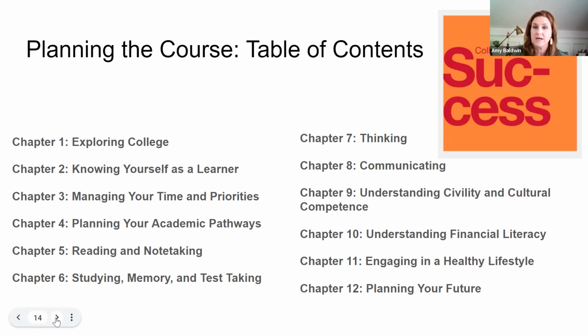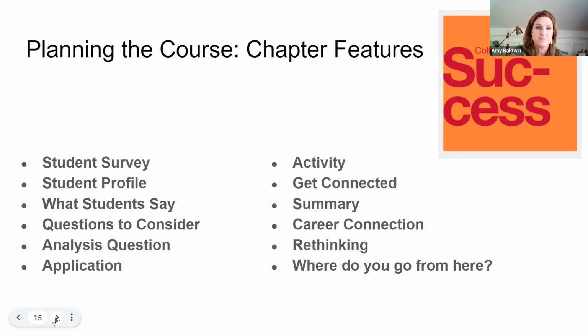Pull on those. If you need to add some extra information, feel free to do that as well. Just know that trying to fit all 12 chapters plus the final plus information literacy, which I'll share in a minute, makes it hard to do, but it can be done if you want to do it.